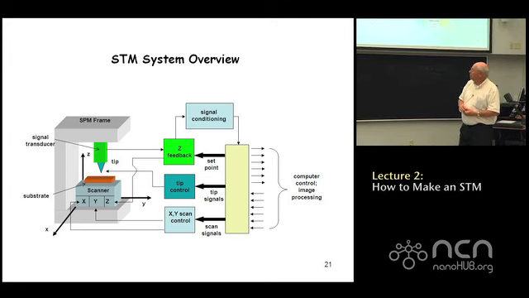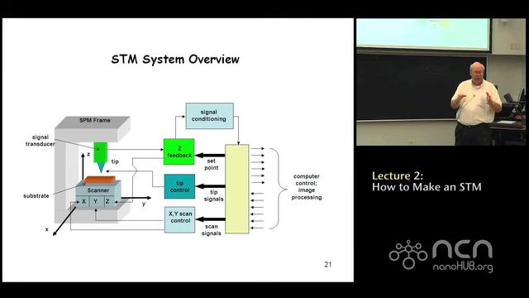Okay? You also often have a signal transducer, something on the tip that takes the signal that monitors the distance between the tip and the substrate, takes that, turns it into a signal that you can measure, right? So for an STM, that signal transducer is a current to voltage converter, right?